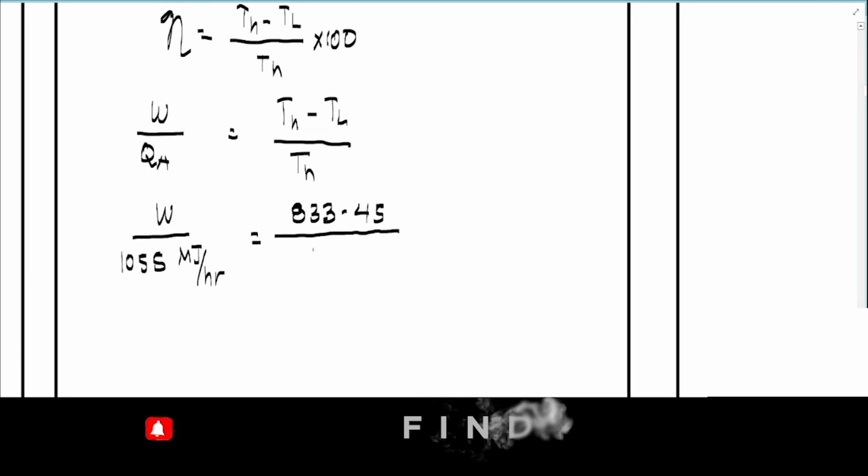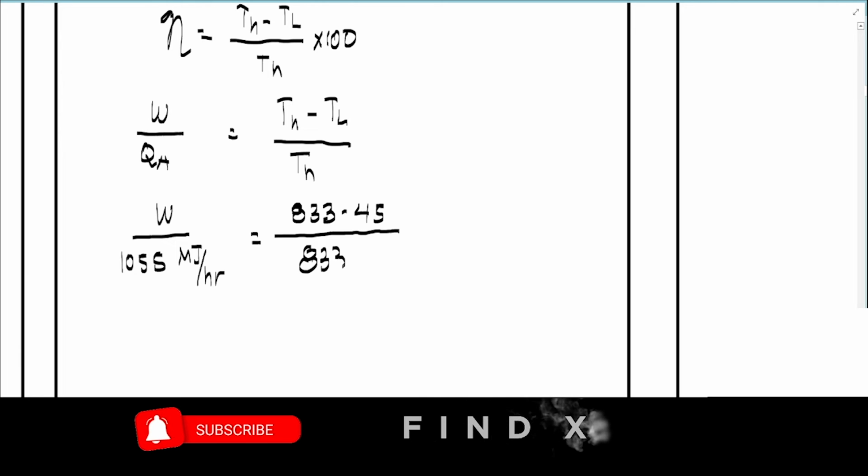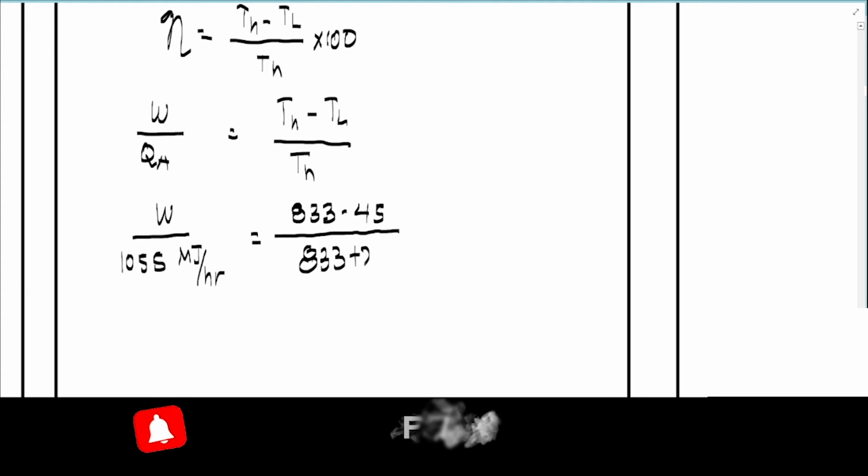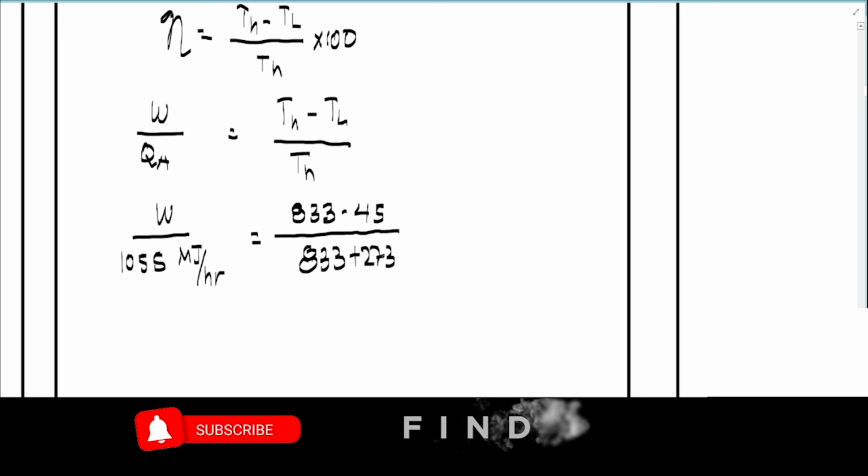However, for the denominator, you have to convert the 833 into Kelvin because that is in Celsius. So converting that, you have to add 273.